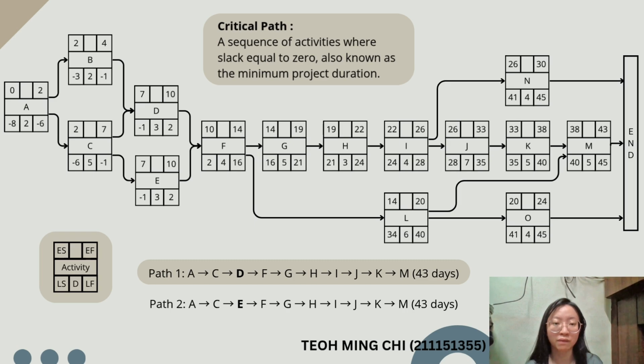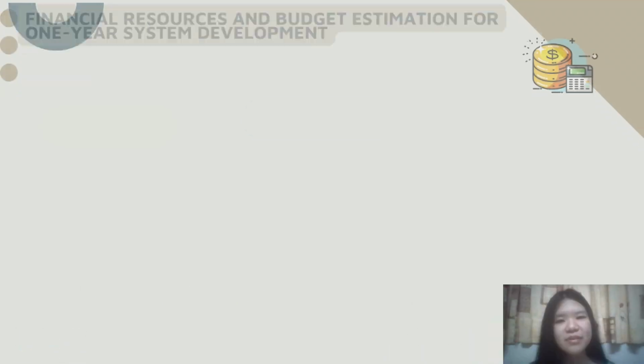Even though both paths take 43 days, path 1 is prioritized because D directly impacts the successor task without flexibility, while E has slight scheduling leeway. This ensures the most rigid timeline is followed for on-time project completion.